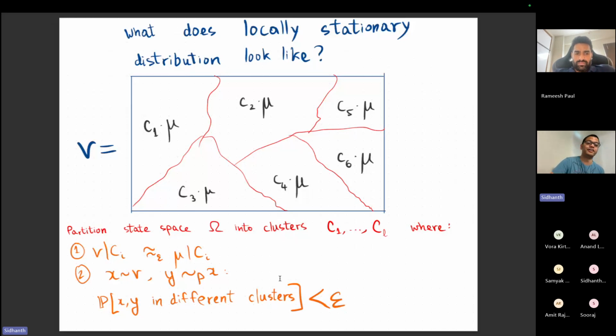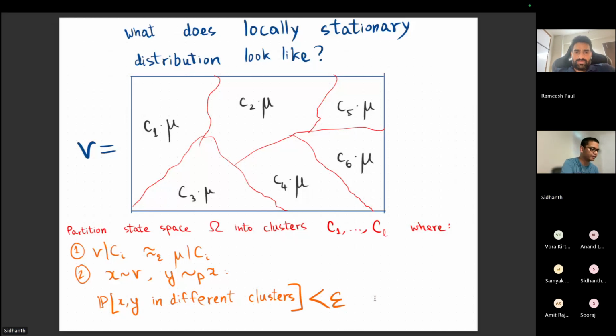So the second condition is what makes it non-trivial. If you sample X according to nu, you fall in one of the clusters, and then you choose a random neighbor Y of X according to the Markov chain P, then with high probability X and Y lie in the same cluster. The probability that X and Y lie in different clusters is pretty small.